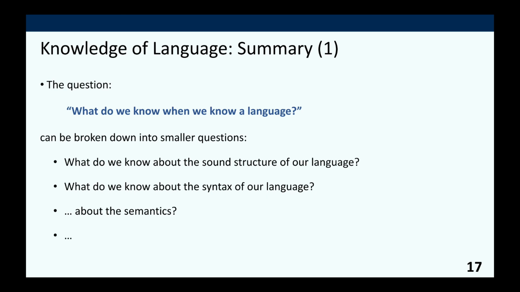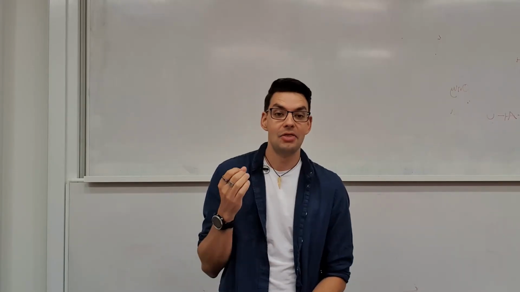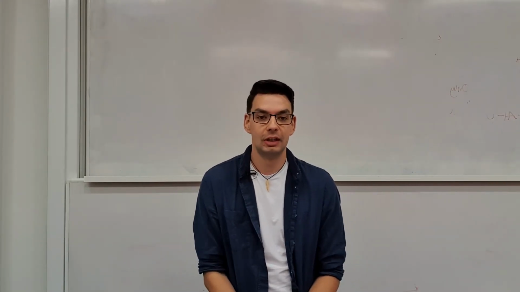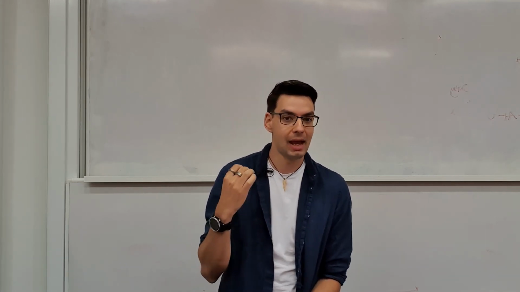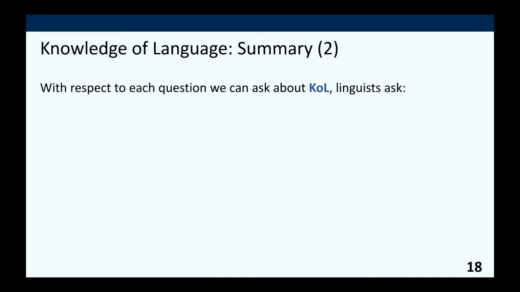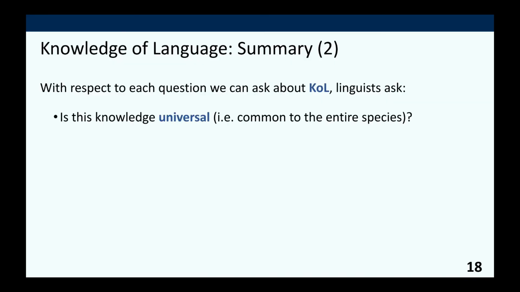Whatever aspect there is to language, we can ask smaller and smaller questions about to get better and better ideas about them. Now, another important point that we've seen is that for every such question about the knowledge of language, or KOL, that we ask as linguists, we really ask two questions. We ask, is this knowledge universal?